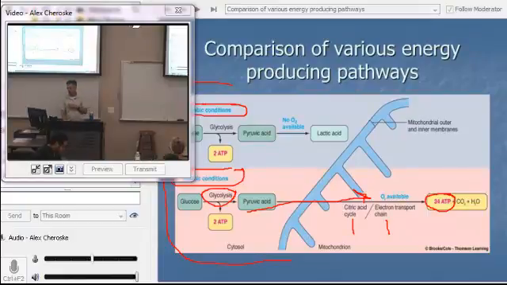The other interesting thing you see here is this other product right here. What's that? CO2 right there? Carbon dioxide, right?